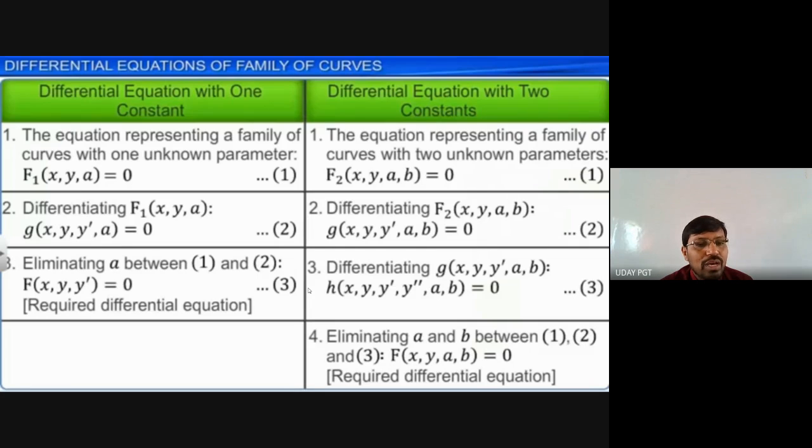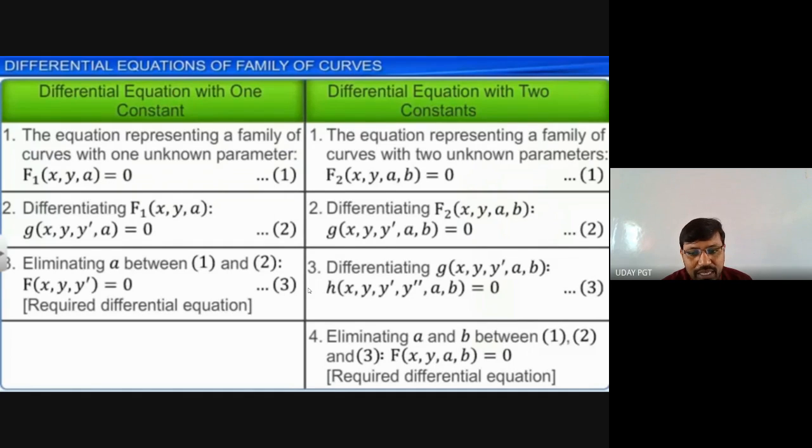If you eliminate a from equations 1 and 2, you are going to get an equation in which only x, y, and dy by dx remain, which is called a differential equation. In the same way, when you take two constants, two times we need to do the differentiation. Then after eliminating a and b, we are going to get an equation in terms of x, y.